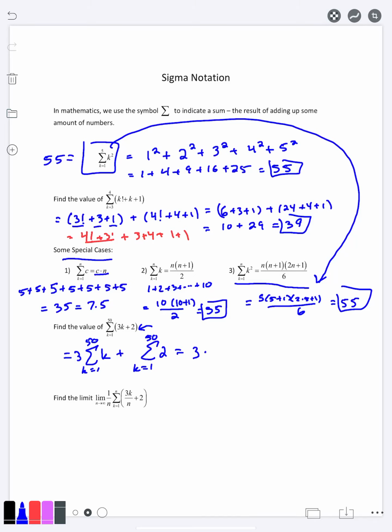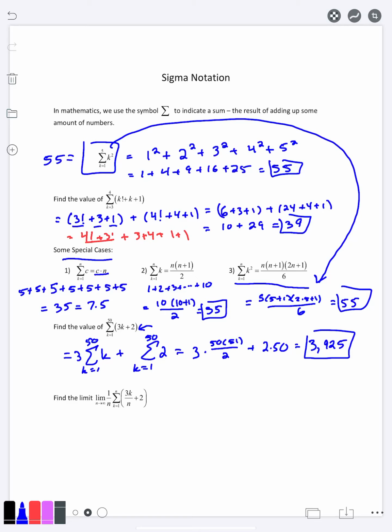So for this first one, we know by rule 2 it's going to be 50 times 51 over 2, and the second one by rule 1 is going to be 2 times 50, and then we just put that in our calculator really quickly here. And we get the total answer of 3,925, and we did that without having to write down 50 numbers and add them up. So these formulas can be very, very useful when you're adding up a lot of different numbers.